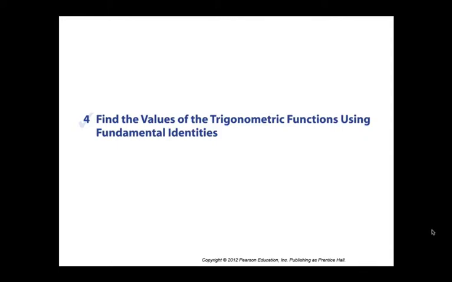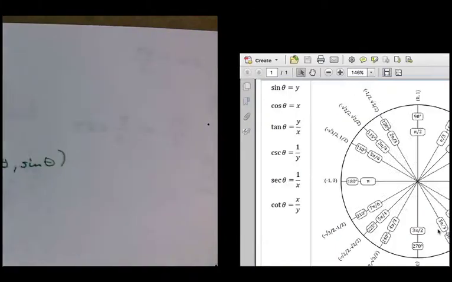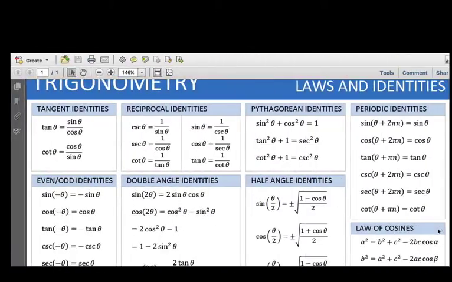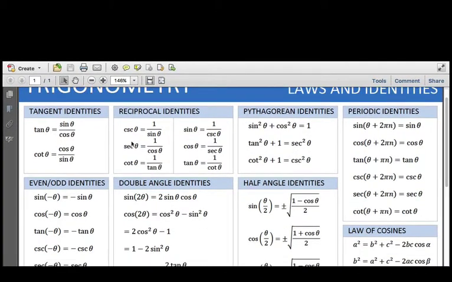Find the values of a trig function using the fundamental identities. Now, the fundamental identities we've already talked about a little bit. If you go to your sheet here, I've given you the trig function identities. You have the tangent, sine over cosine. Cotangent is cosine over sine. The reciprocal identities, and the Pythagorean identities.